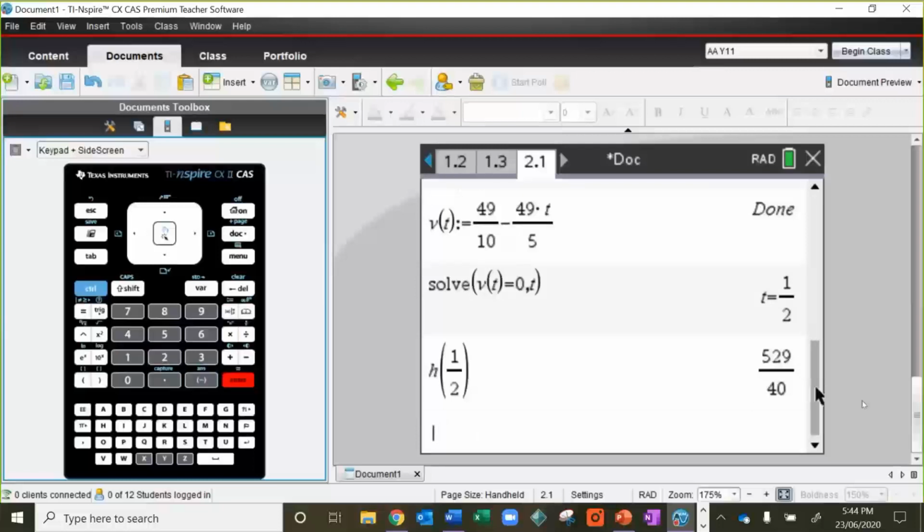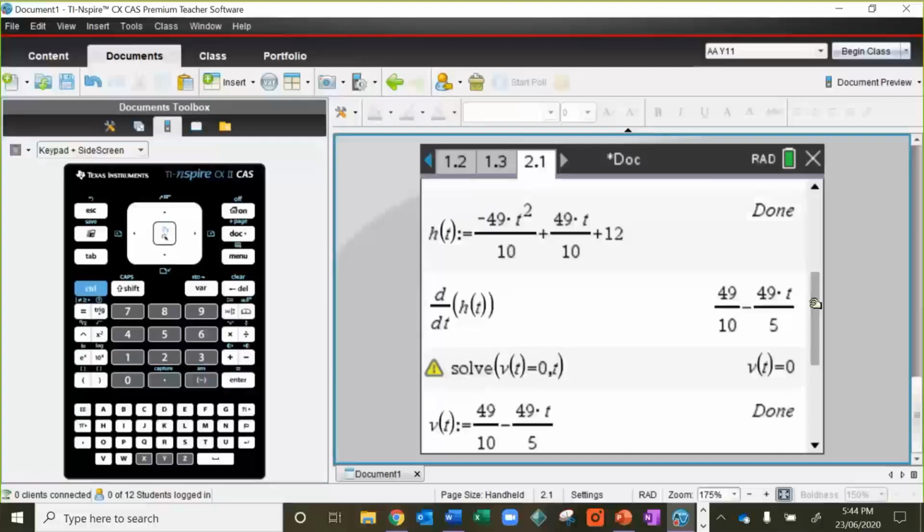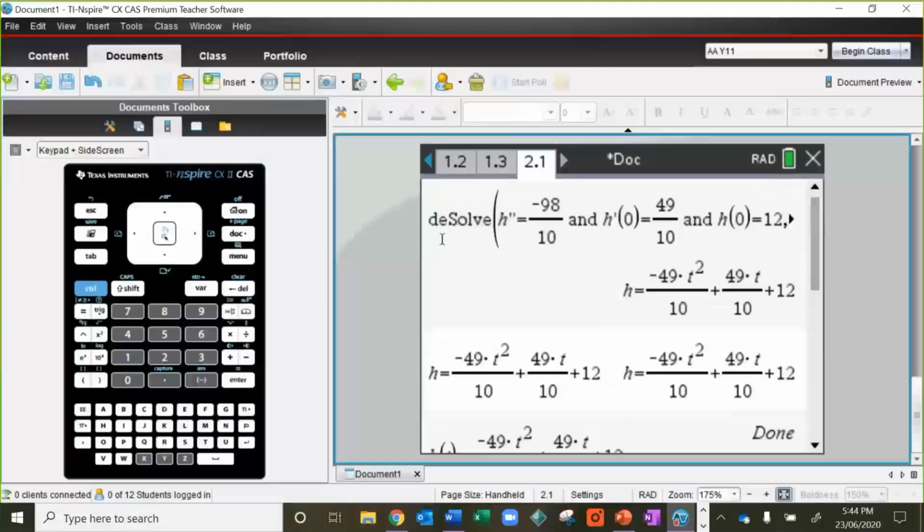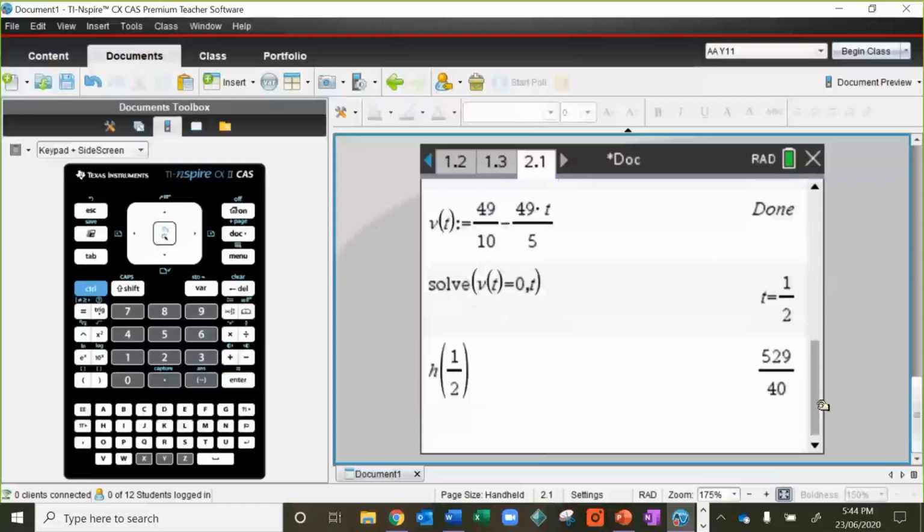And remember, exact values are required in the exam unless specified otherwise. So that is our trick here: to use fractions instead of decimals to force the calculator to give us exact values.